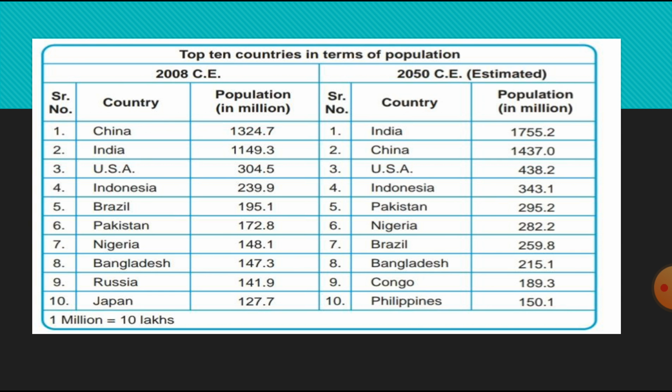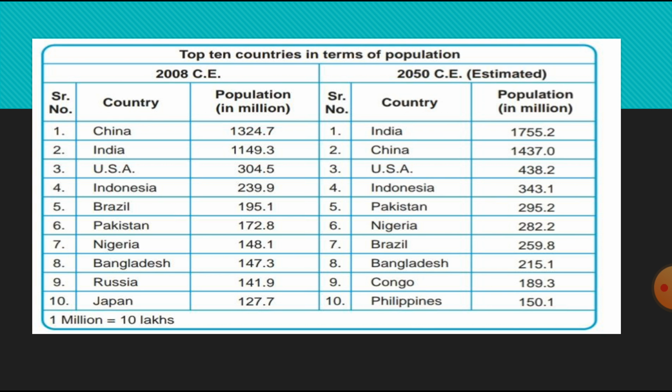China ranks first, then comes India, then USA, Indonesia, Brazil, Pakistan, Nigeria, Bangladesh, Russia, Japan. And in 2050, India comes first, then China, USA, Indonesia, Pakistan, Nigeria, Brazil, Bangladesh, Congo and Philippines.